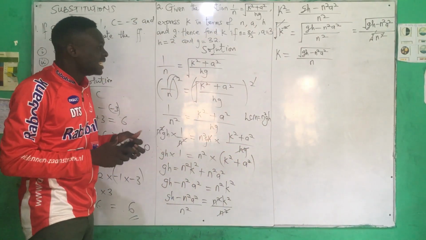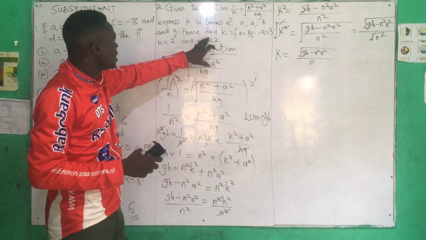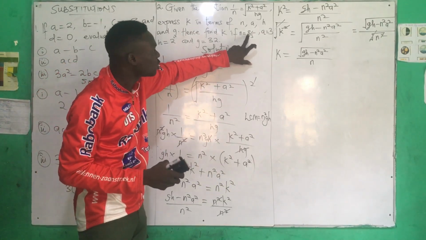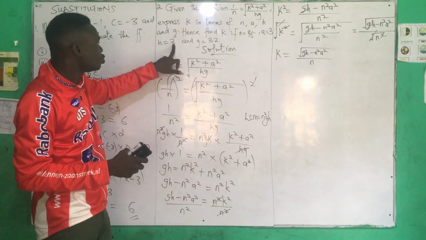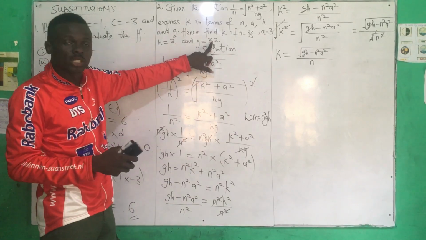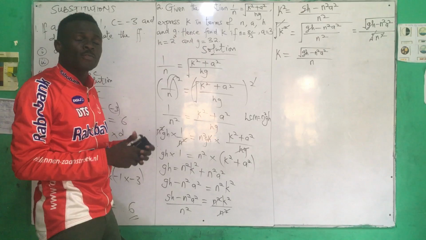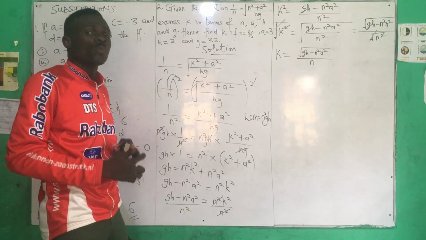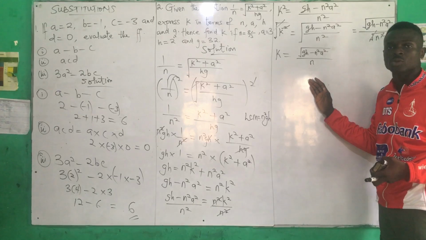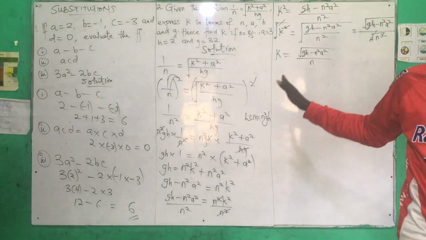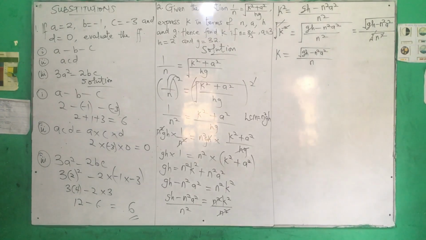So you see, this is a substitution. You have to substitute n is equal to 8 over 5, a is equal to 3, h is equal to 2, and g is equal to what? 32. But before we can do the substitution, we have been asked to express k in terms of the other variables. So if we omit that process, then we are going to get it wrong.